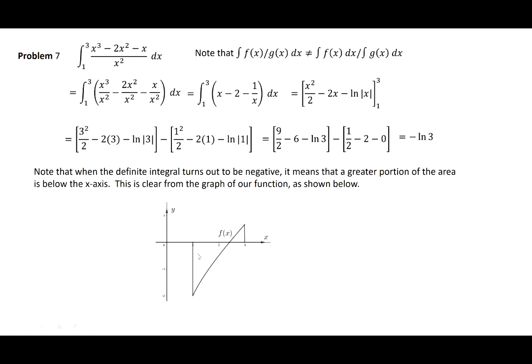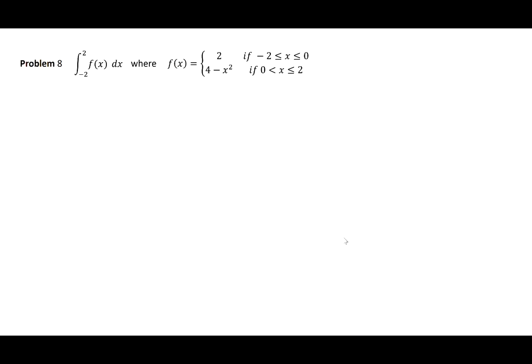So the total area is this whole negative area minus the positive area. It looks like the negative area is larger than the positive area, and that's why the whole thing turned out to be a negative area. There is a greater amount of area below the x-axis than above it. Cool? That's the idea behind this.